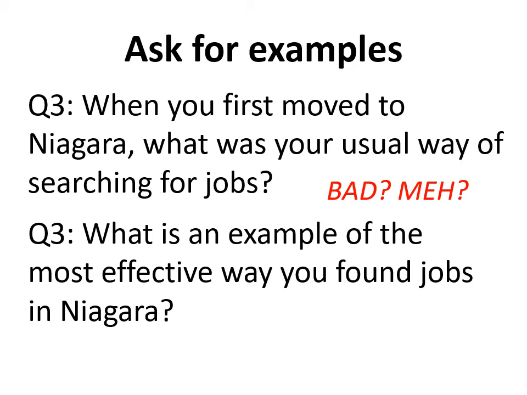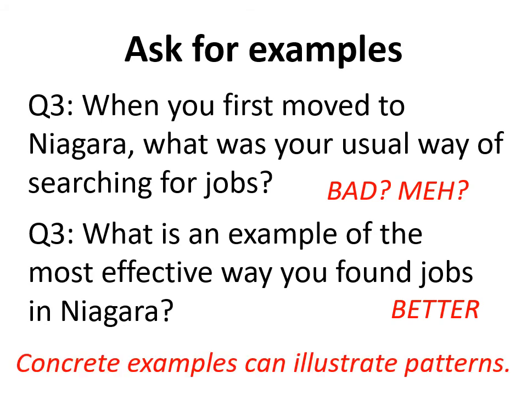Or what are some examples of things that you tried that did not work or that were largely unsuccessful? So this second one is generally better, at least for the purposes that I have in mind.